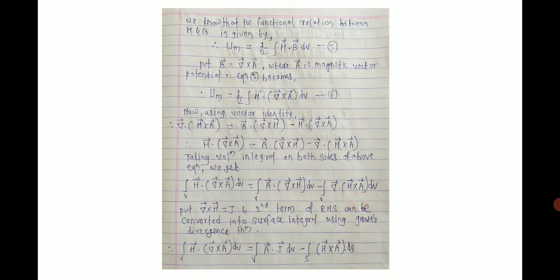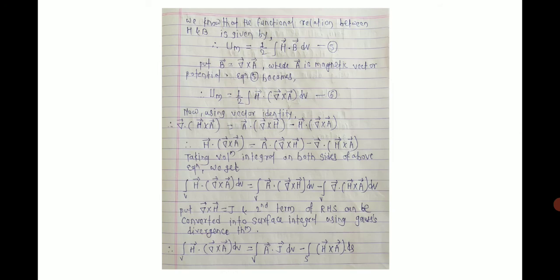The equation becomes the integral of H dot del cross A dV equal to integration over volume of A dot J dV minus integration over surface S of H cross A into dS.